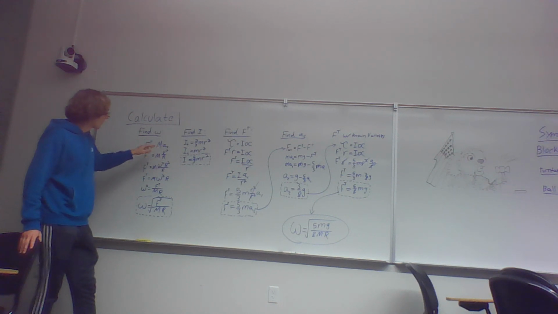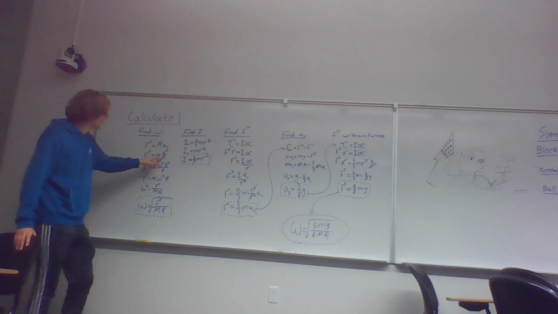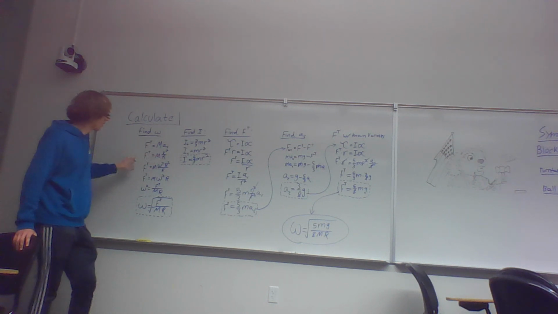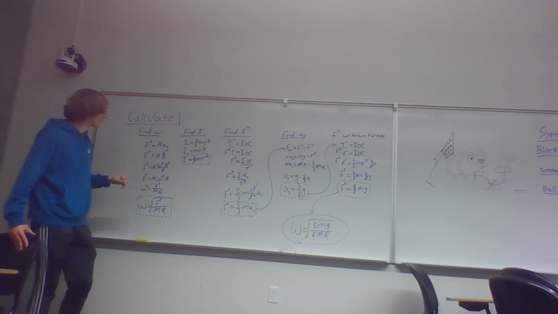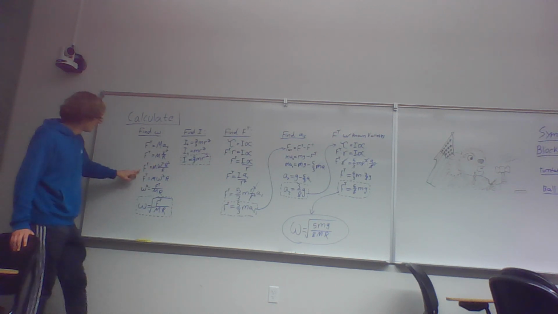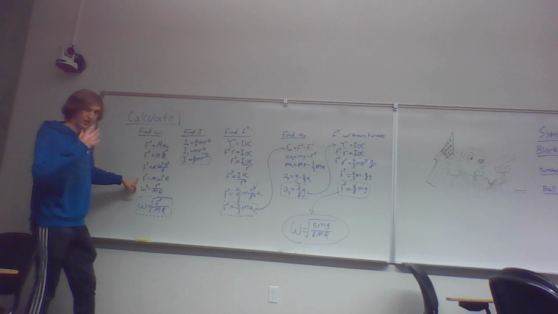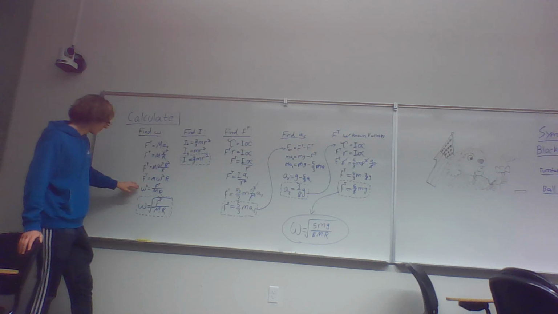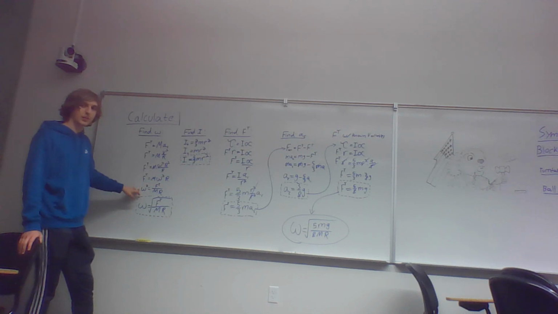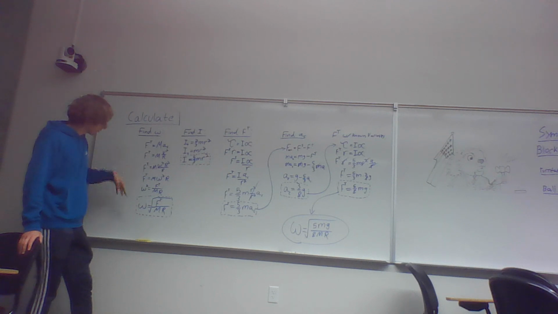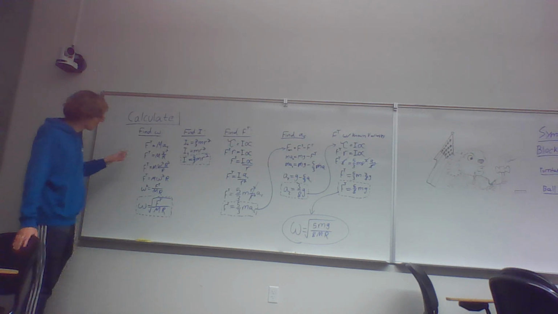Then we're going to convert this centripetal acceleration to v squared over r using one of our equations, and then convert that v squared into omega squared r squared. Then cancel out the extra r's and solve for omega squared. Then take the square root of the entire equation, and we get omega equals the square root of the force of tension over large mass times the radius.